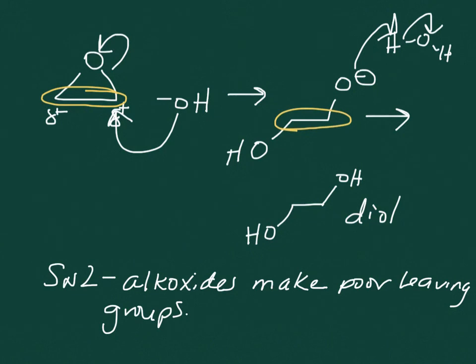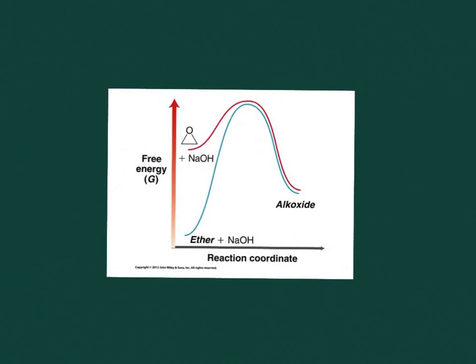And I'll demonstrate this with an energy diagram from your text. So if you look at the blue curve on the energy diagram, here we have a hypothetical SN2 process where the substrate is the ether and the leaving group is an alkoxide ion. So you can see that there's a very high activation energy, okay, and the alkoxide is higher in energy than the ether, so that the delta H would be positive. It's endothermic.